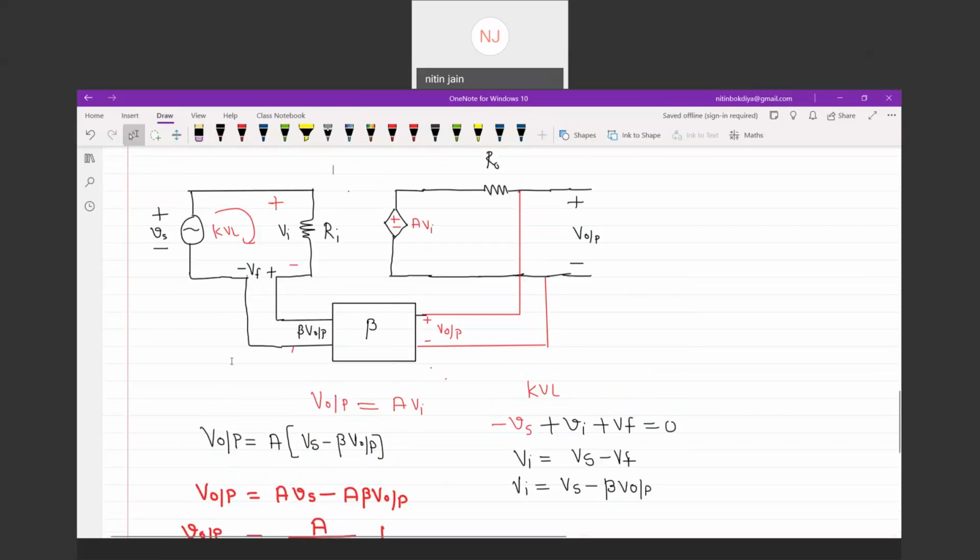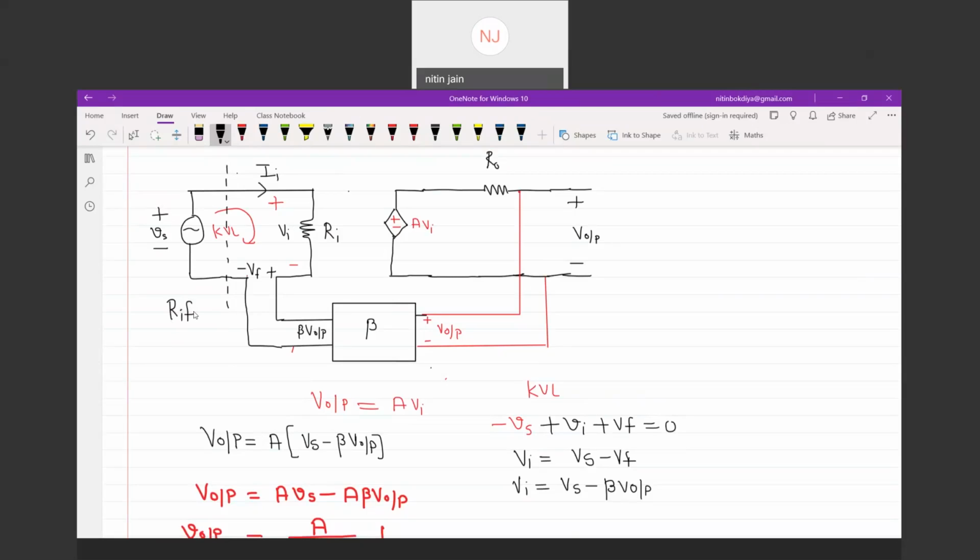Let's say this current is I. Then the supply voltage VS divided by II is the input resistance. Whatever we see looking in, leaving the supply aside, is the input resistance. Now I am talking about the input resistance with feedback, how much input resistance is seen after applying feedback.